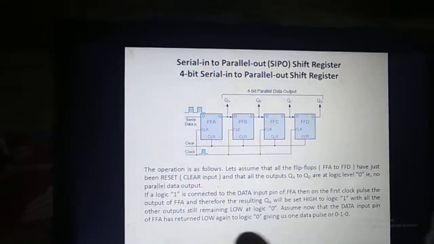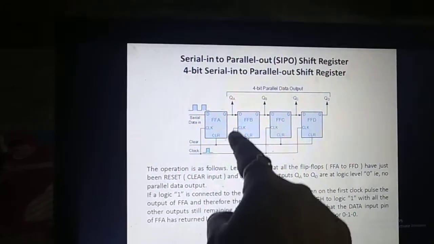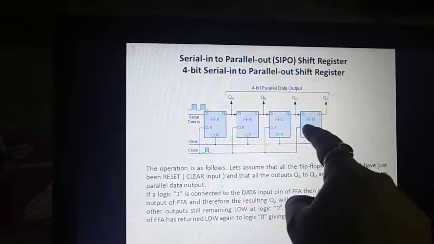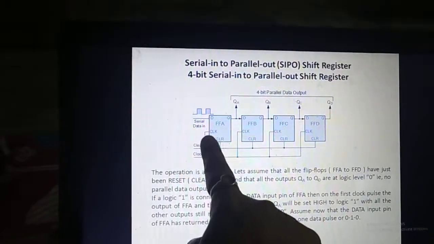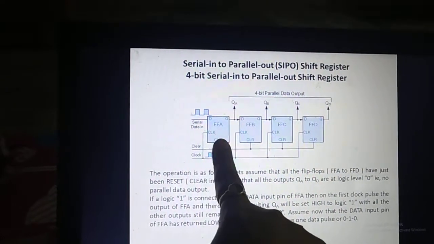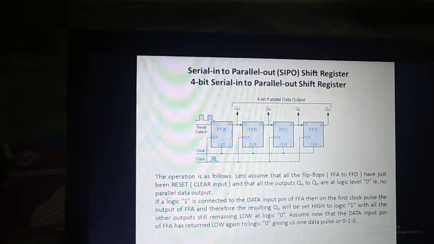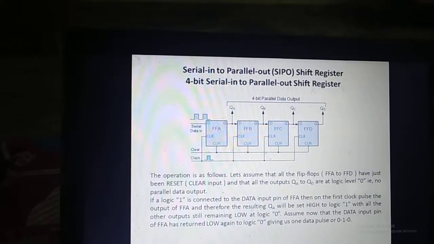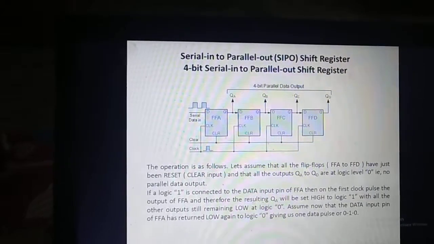In this block diagram you can see we have a clock signal at all flip-flops, so these are called synchronous devices. A circuit in which a clock signal is applied to the D flip-flops is called a synchronous circuit. In this diagram it is a synchronous circuit.